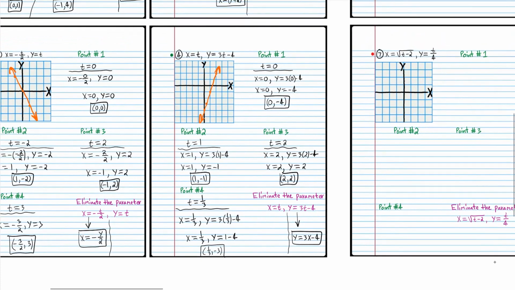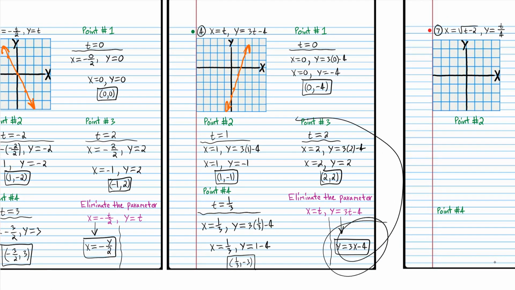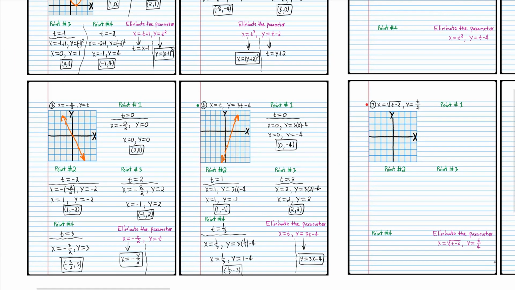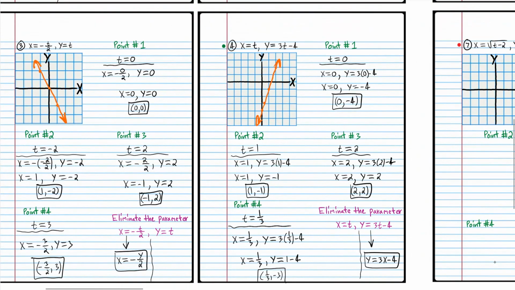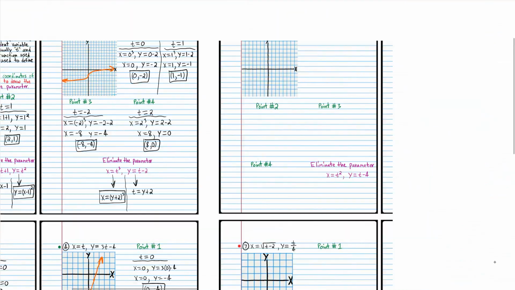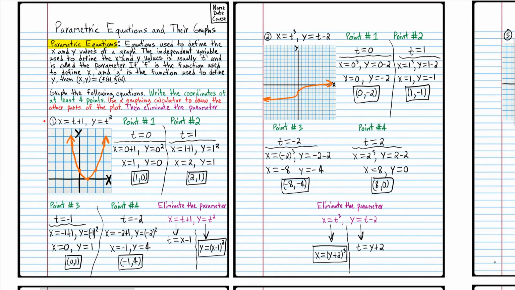So if you got that graph and you eliminated the parameter and you have 4 points on that line, good job. So you can take a picture of this page here to help you do number 5, and you can take a picture of all this if you want.